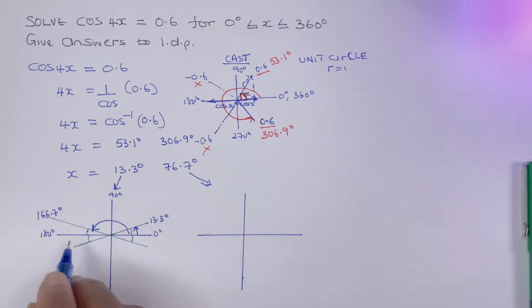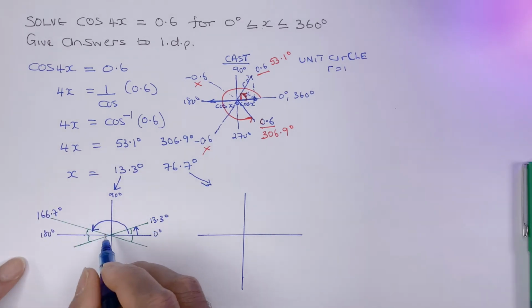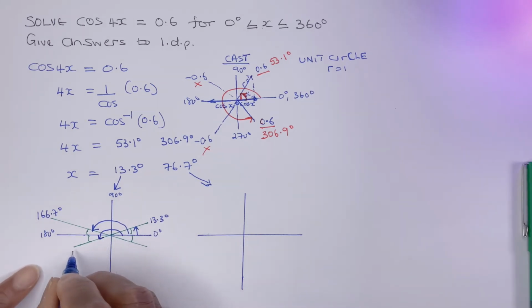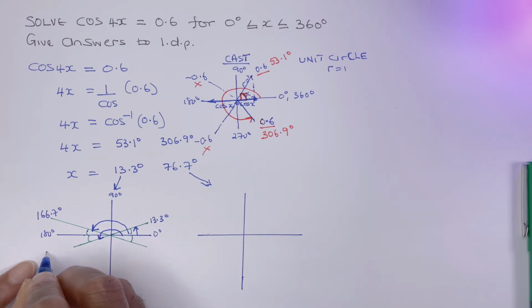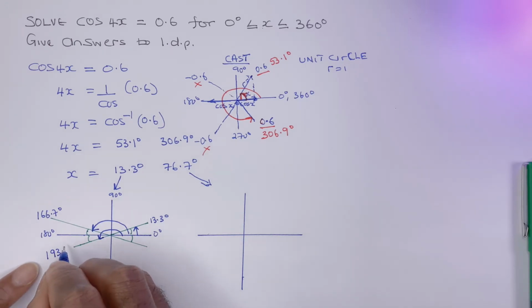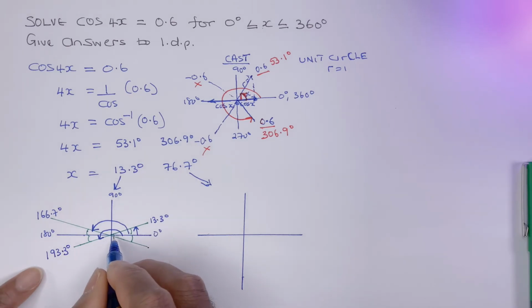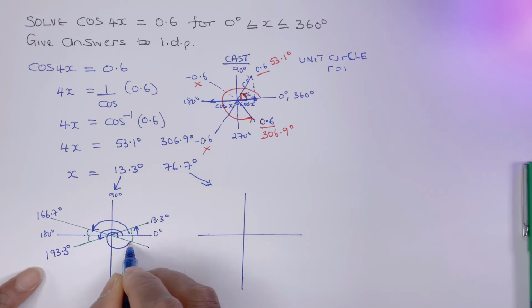So that's 166.7 degrees. That's the other angle we need, and then we need to find another one that goes all the way from there all the way to there, and that would be 180 plus 13.3, so that will be 193.3 degrees. And then the final one is to go here. So you go all the way from the 0 all the way to there.